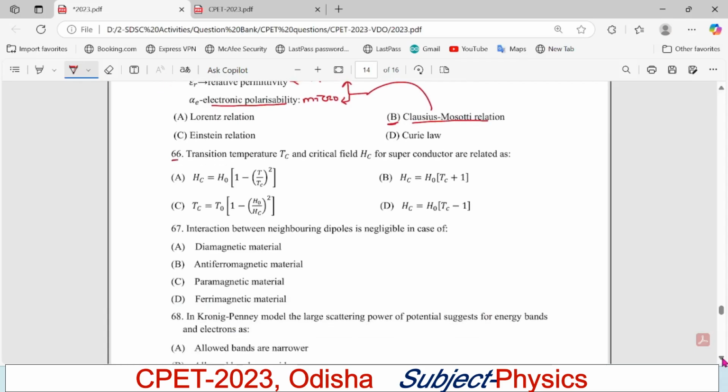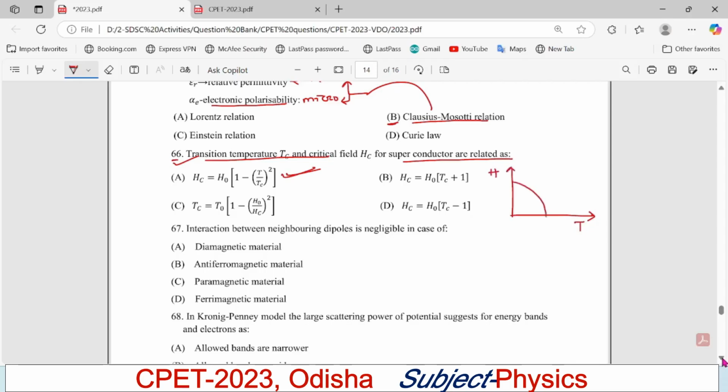Next question, question number 66. The transition temperature Tc and critical field Hc for a superconductor are related. Very famous equation, you should not forget. This is a very important question. Option A is the correct answer. Hc equals H0 into (1 minus T squared by Tc squared), and the graph is like this. This axis is your temperature, and this axis is your applied magnetic field.